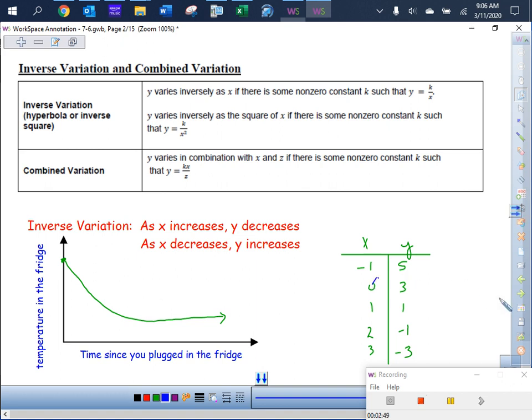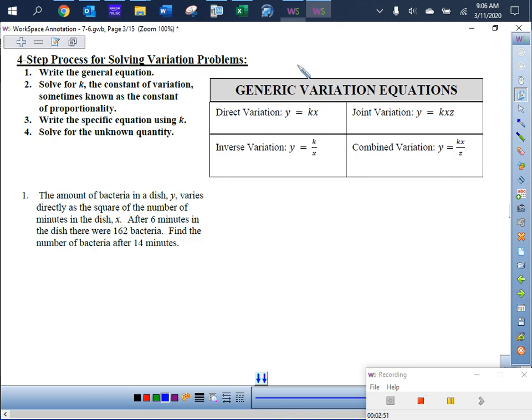So we've got some basic generic equations. I got these all typed out for you. Please note that they are generic. We have to let the story do some of the details for us. We talked about direct variation, and we've talked about inverse variation. There's also joint and combined variation. But would you notice that all 4 of these variations have what's called a k value in it?